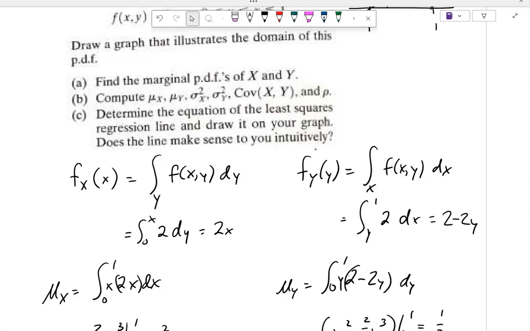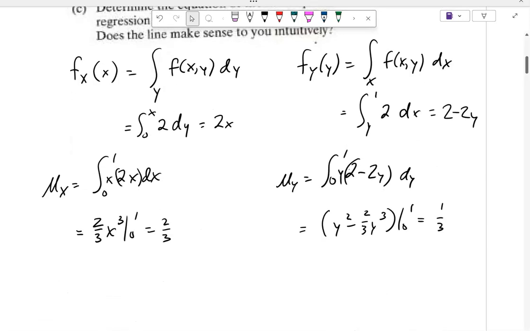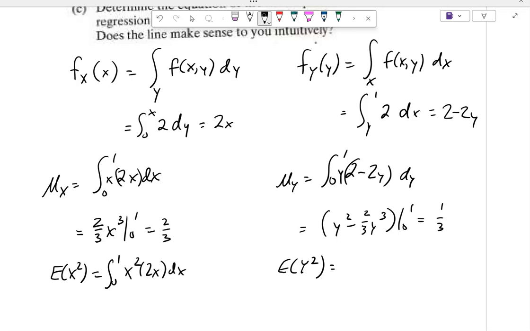All right. For variance, now that we've got the means, we can do expected value of x squared and expected value of y squared. Now for the x, I'm integrating 2x cubed. Anti-differentiate that, you should get 1/2 x to the 4th.